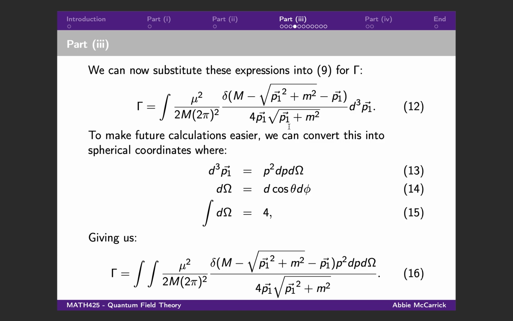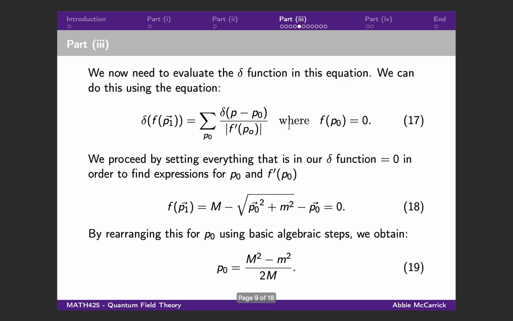We've got another double integral, mu squared over 2m 2 pi squared delta function m minus the square root of p1 squared plus m squared minus p1. Then we've got p squared dp d omega over 4 p1 square root p1 squared plus m squared. So it is starting to look a little bit complex, but there are ways that we can simplify this.